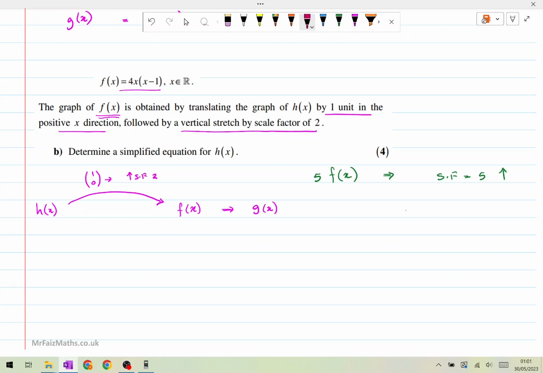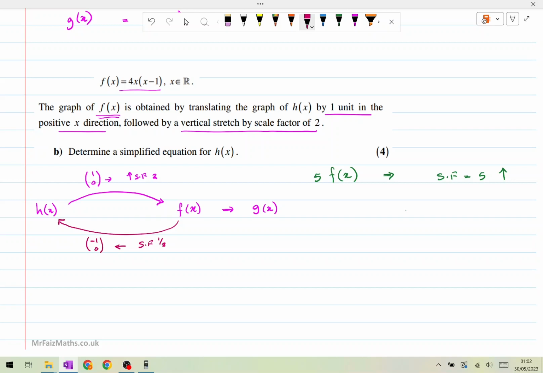Now, if you want to reverse that, to go from f of x to h of x, we need to reverse the stretch by scale factor 2, so we stretch by scale factor 1 over 2. And then, to reverse the fact that it was moved 1 unit to the right, we want to translate it 1 unit to the left.